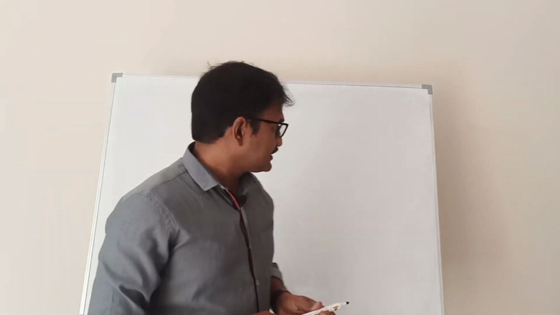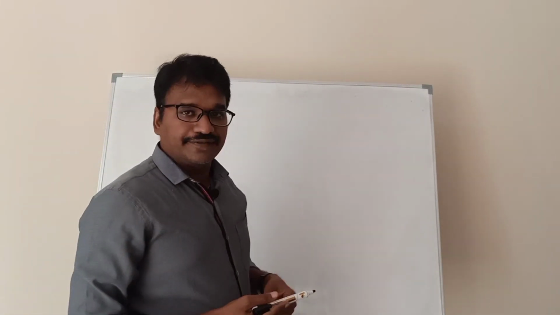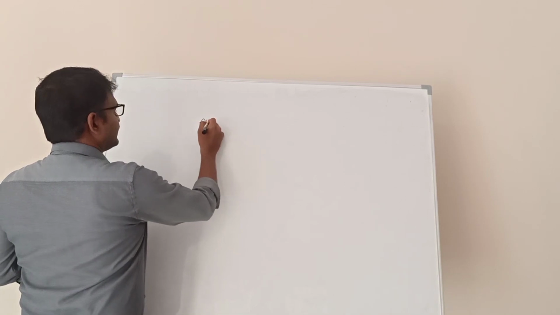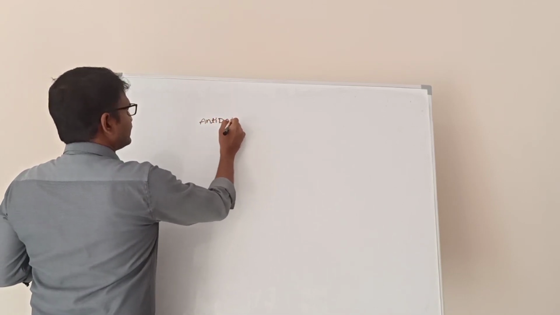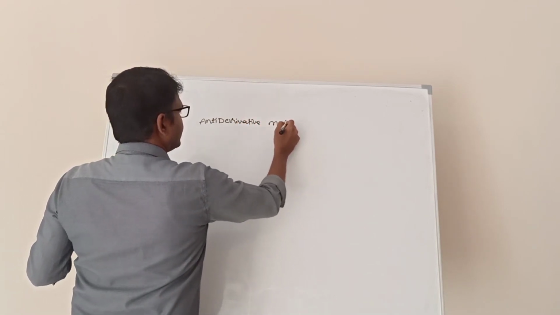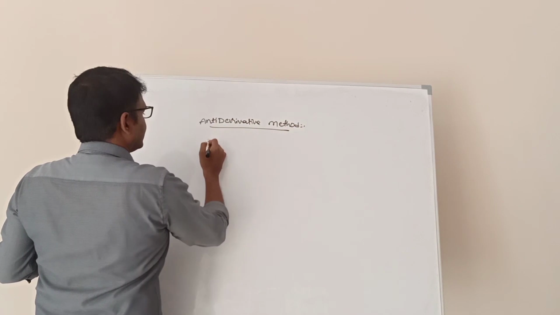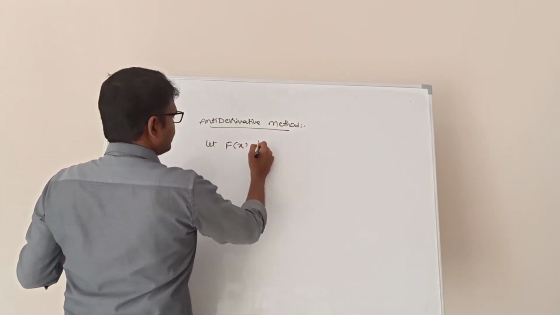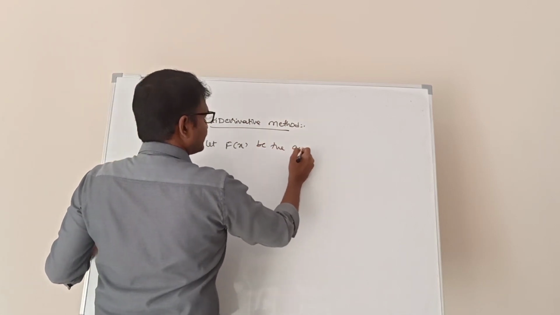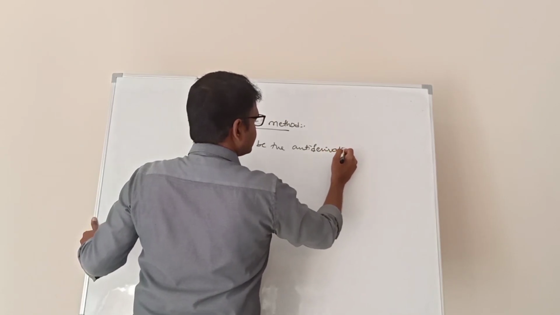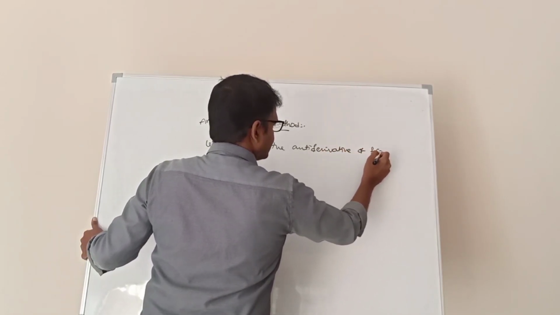So next concept, we can find definite integration in two ways. One is limit as sum, second is the antiderivative method. Let capital F of x be the antiderivative of f of x.